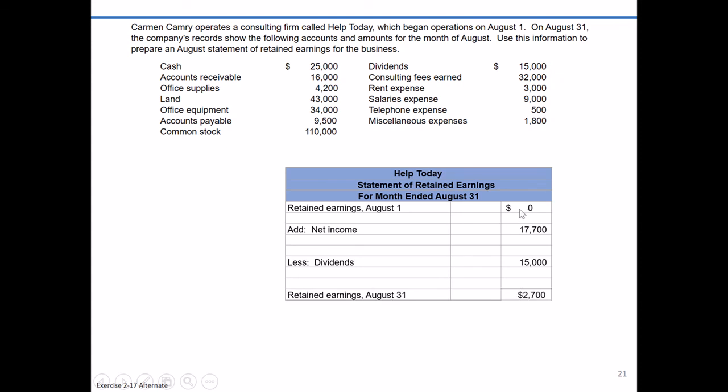We take beginning, 0, add our net income of $17,700, which still brings us to $17,700, and then subtract distributions of $15,000, and that gets us our ending retained earnings, how much we maintain in the business, of $2,700. We need to keep that figure in mind because we're going to carry forward that balance to our balance sheet, and we're going to prepare our balance sheet next.